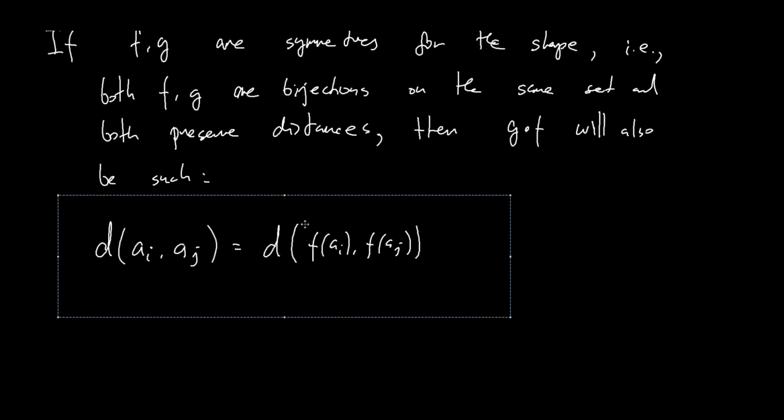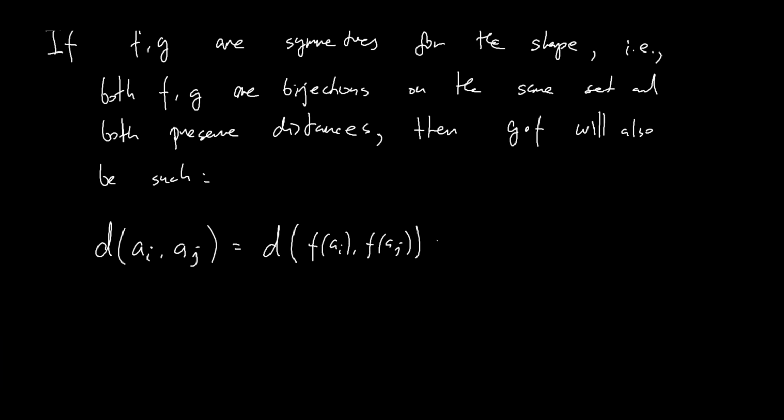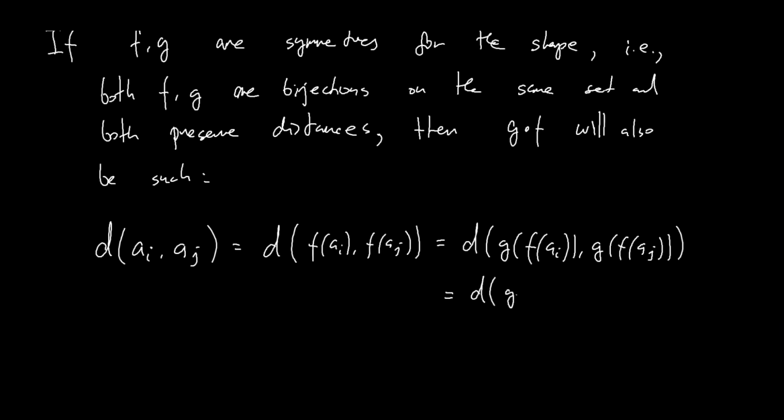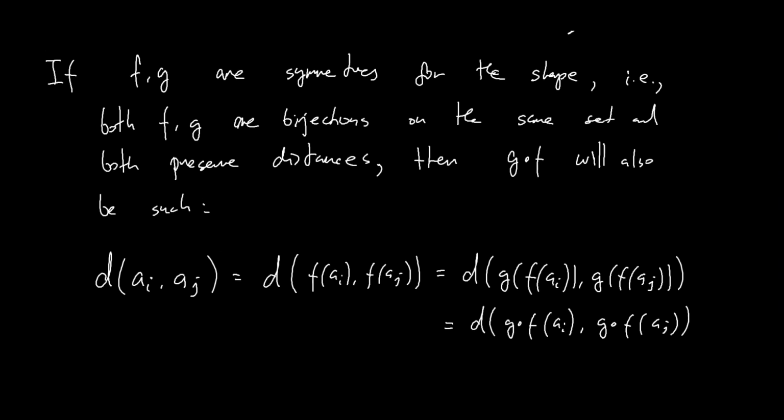And then that will further equal the distance between g(f(a_i)) and g(f(a_j)), because g preserves distances, right? So overall, this is nothing other than g composed with f applied to a_i and g composed with f applied to a_j. So that's how we get that composing symmetries, we still get a symmetry.